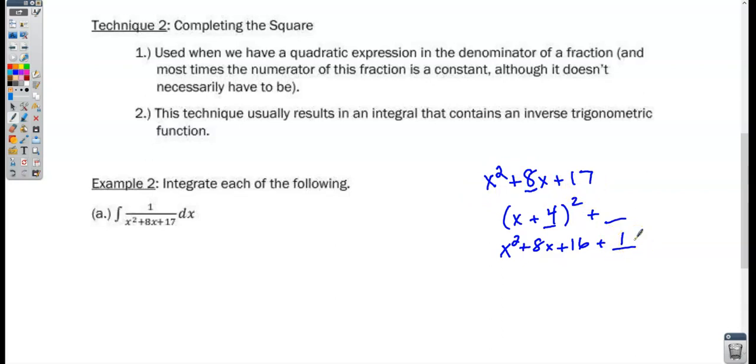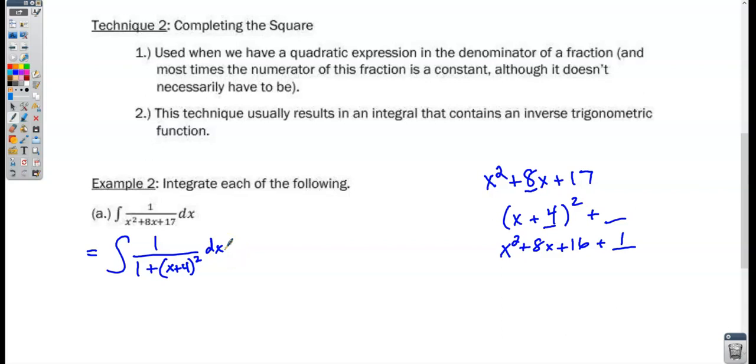And so this expression can be rewritten as the integral, and I'm going to change the order here, of 1 plus the quantity x plus 4 quantity squared with respect to x. Okay, so now I've rewritten the denominator by completing the square.